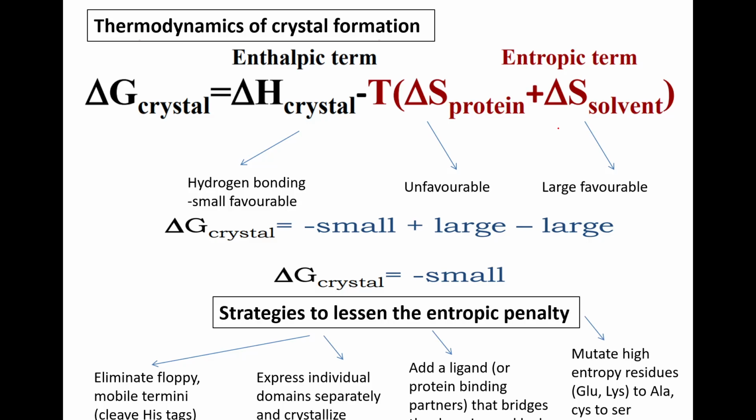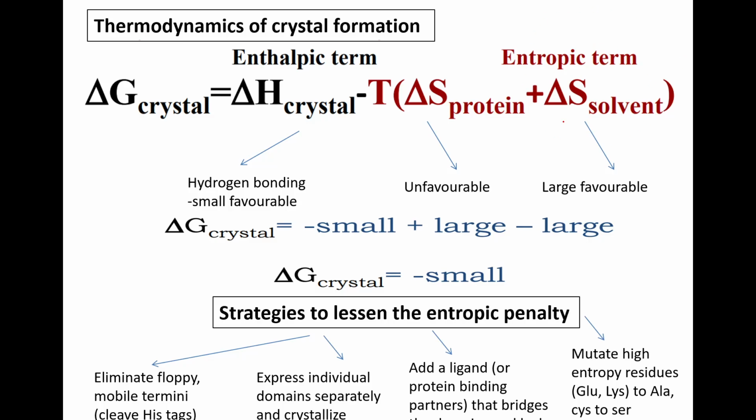A similar thing is happening with your solvent. When your proteins come together into a fixed structure, the solvent is now free to move, like we learned for the protein folding process.